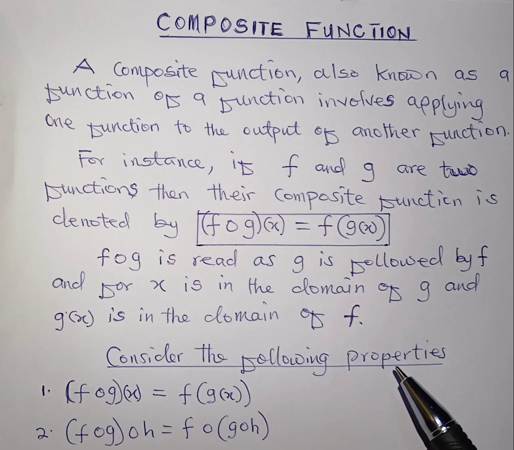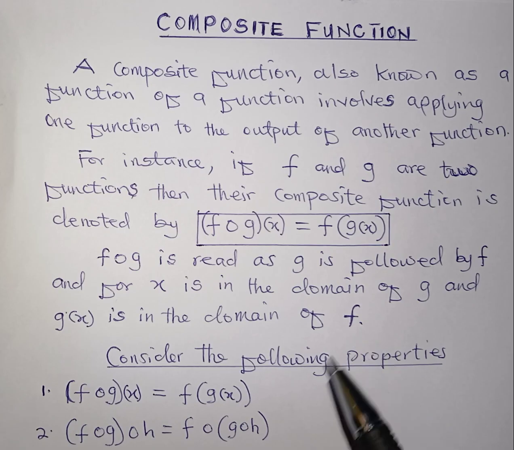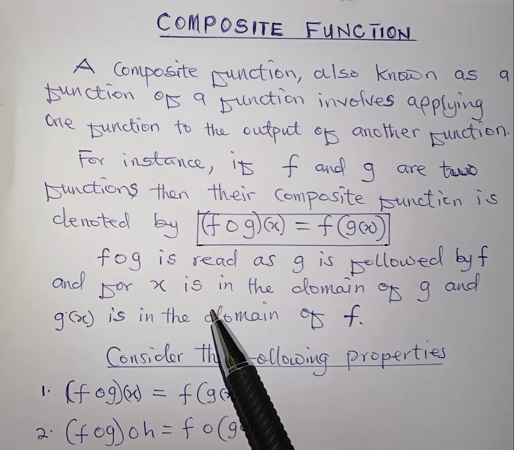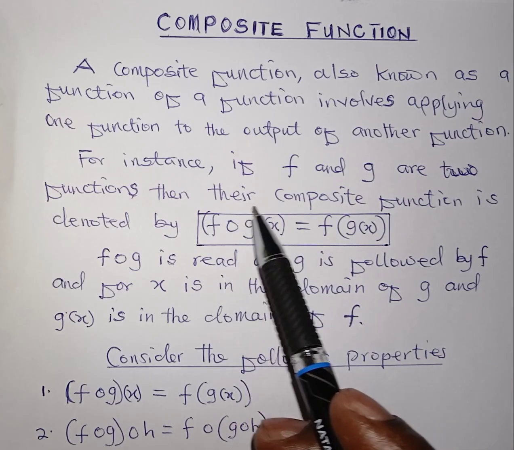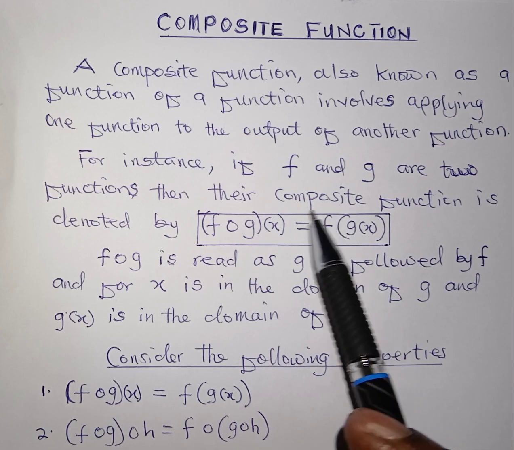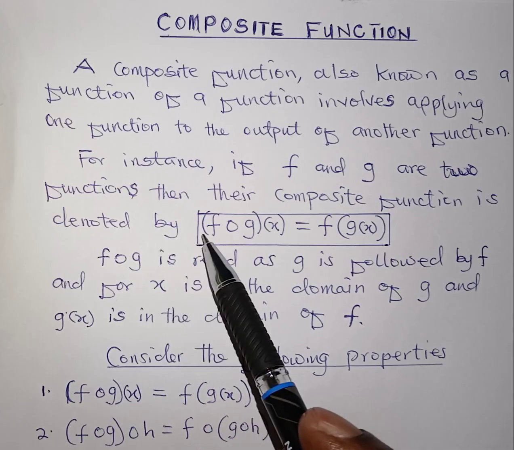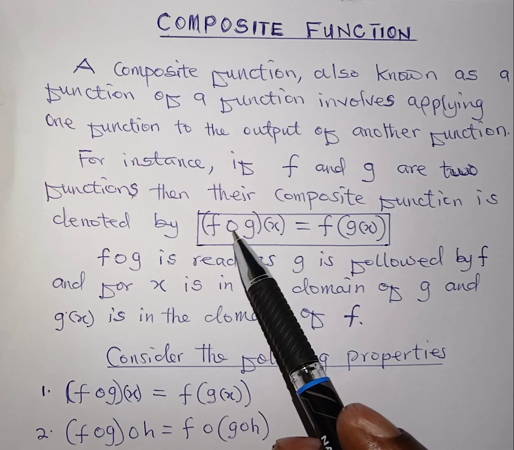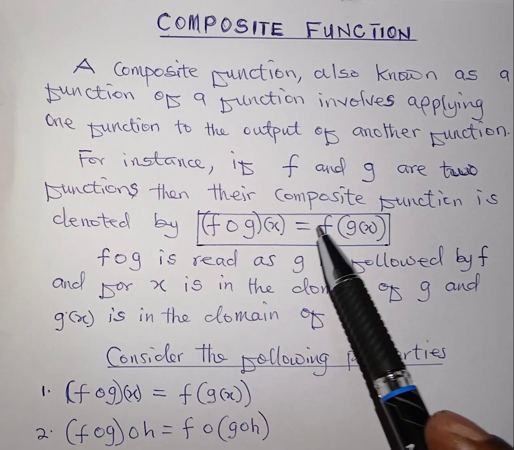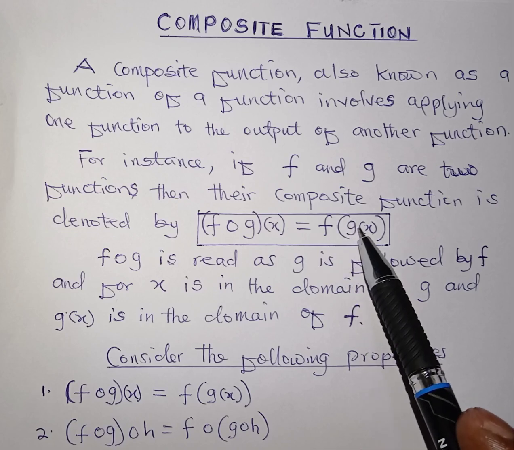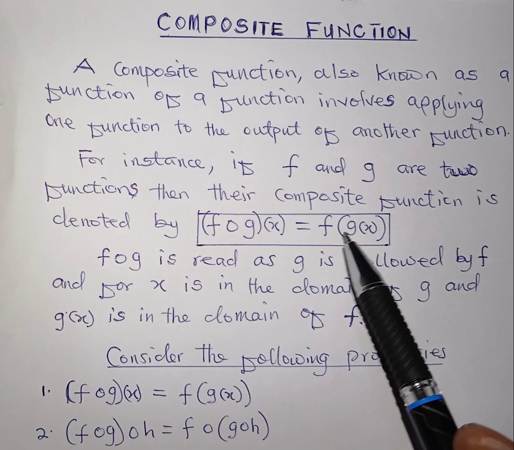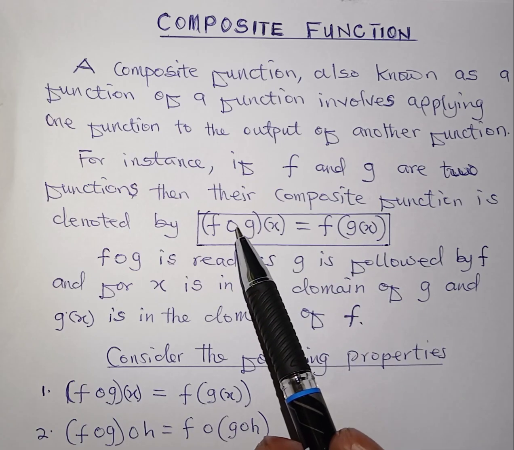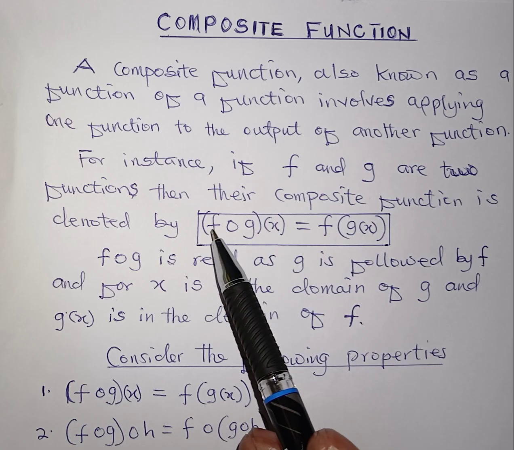For instance, if you have two functions, let's say f and g, then their composite function is denoted by f∘g at x is equal to f at g of x. This is the composite function of two functions.